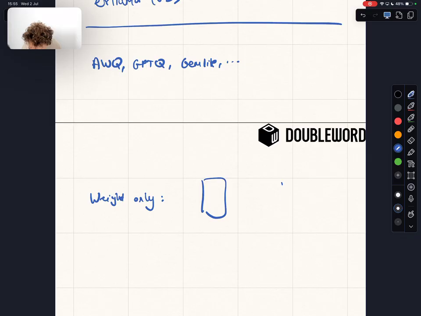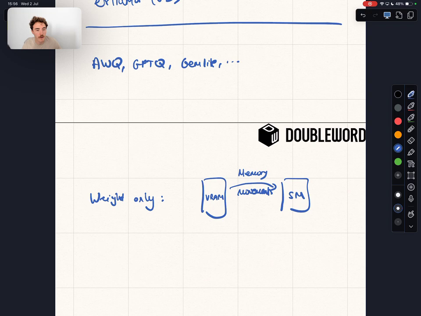It's moving weights between the GPU's memory, its VRAM, and its compute units. And this is the time that dominates during decoding processes.